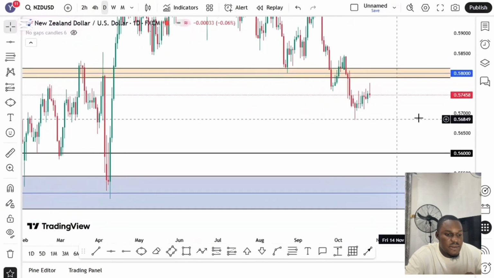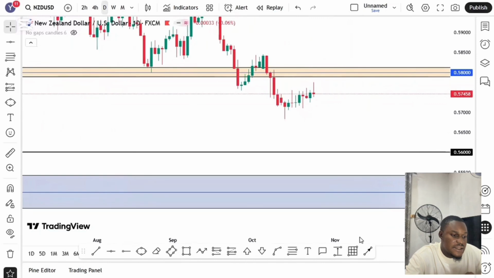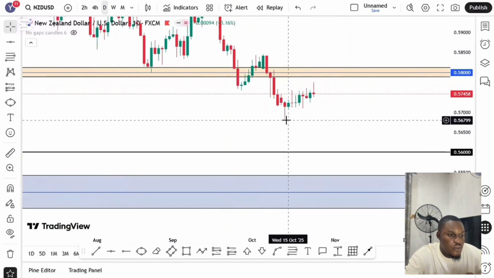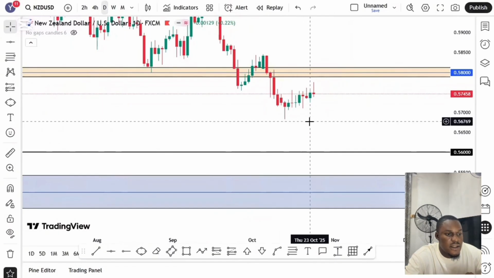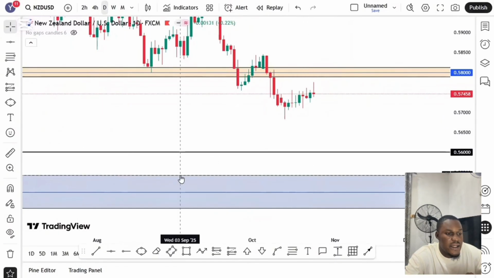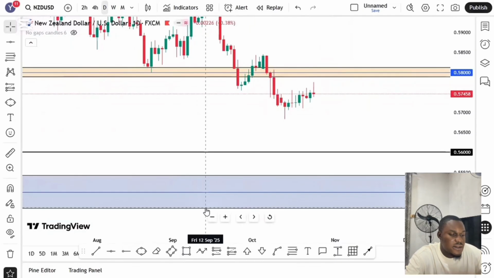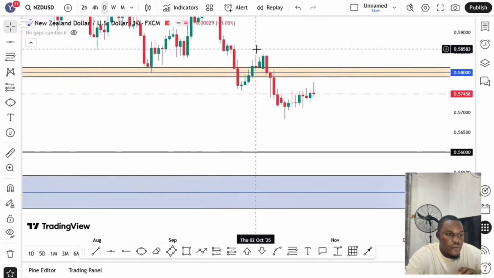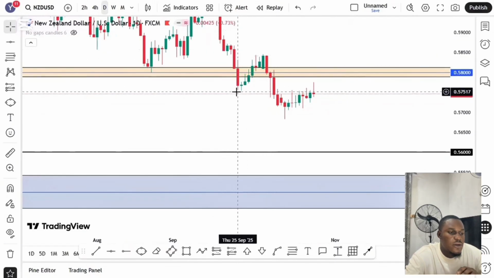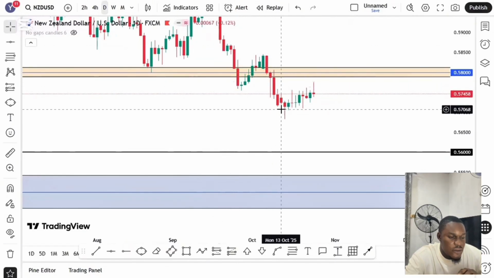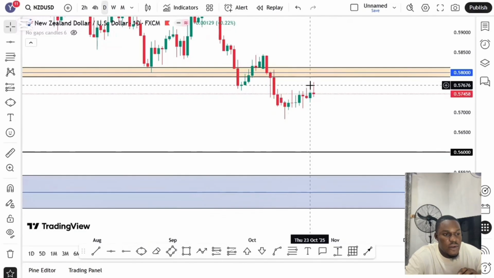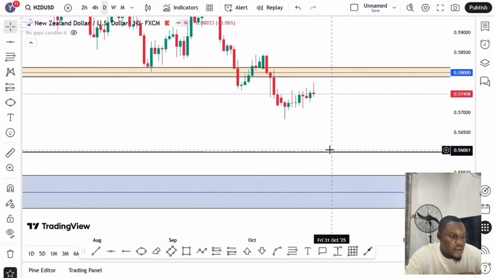The market has been correcting for the past 1, 2, 3, 4, 5, 6, 7, 8, 9 days. For every move, there's always a correction. For every move to the downside, always a correction to give us another move downside.